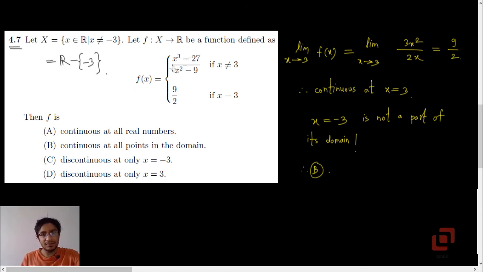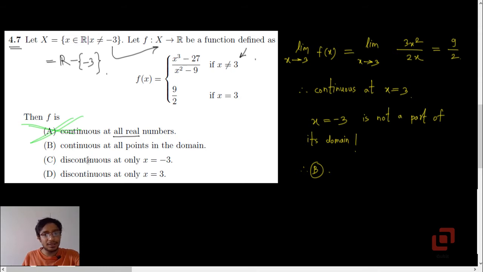So f of x is x cubed minus 27 upon x squared minus 9 if x is not equal to 3, and it is equal to 9 upon 2 when x is equal to 3. Then f is continuous at all real numbers? Well, definitely this is not true because f is not defined at -3, right? So option A is ruled out straight away.